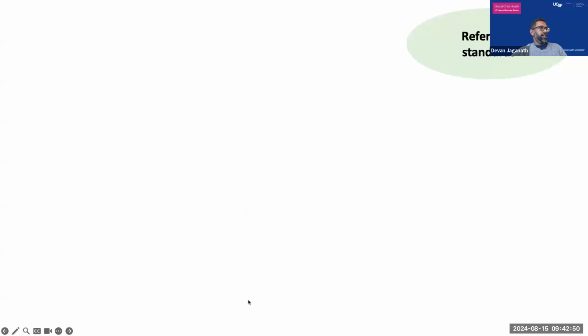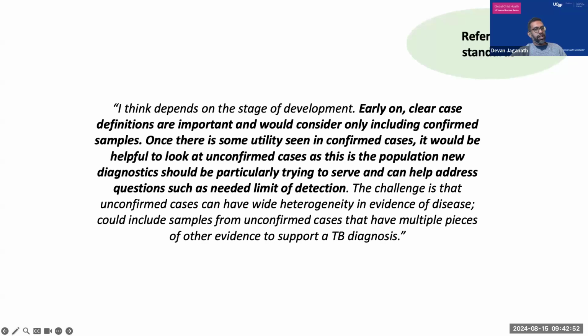In terms of reference standards, this is again a big topic of discussion in childhood TB because the gold standard tests are not perfect. And so this person highlighted that maybe we should be considering the stage of development.